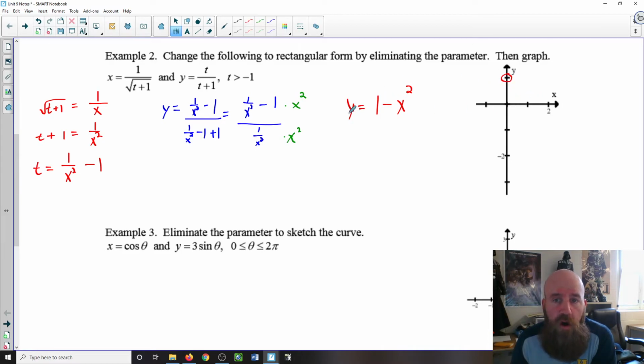If we plug in 1 for x, we get 0, so we know that's a coordinate. If we plug in 2, we get negative 3. So at 2, we have negative 3. Now I can just graph our function there. That's what it's going to look like. And that's it.